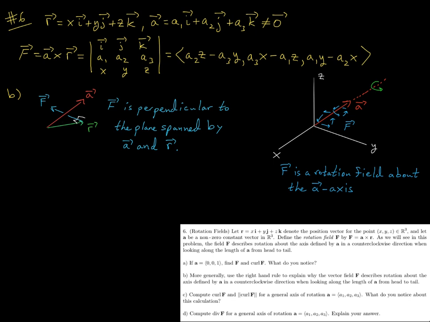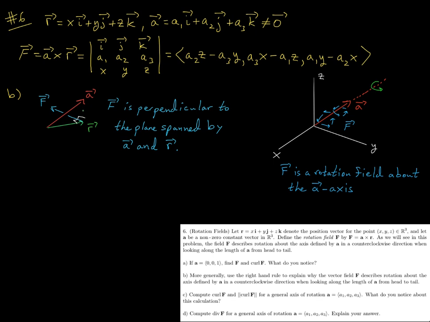Now think about taking the position vector R, for the moment thinking of its length as fixed, and rotating it about this red vector A. We form a circle with the tips of all these various position vectors, and for each point along that circle, we get one of these blue vectors F. At every one of those points, F is perpendicular to the plane spanned by A and R. What we're really seeing is the rotation field, much as we described in section 15.1, but now describing rotation about this more general red axis.